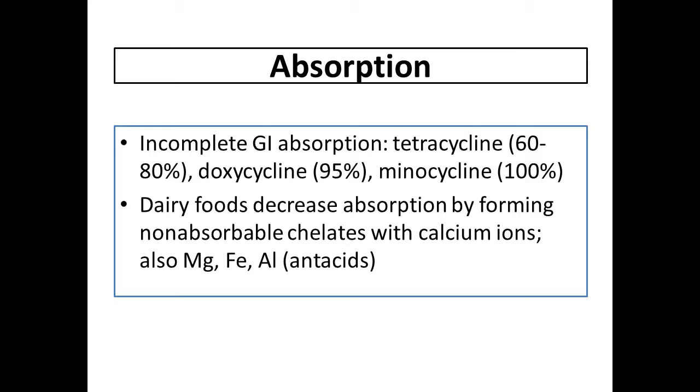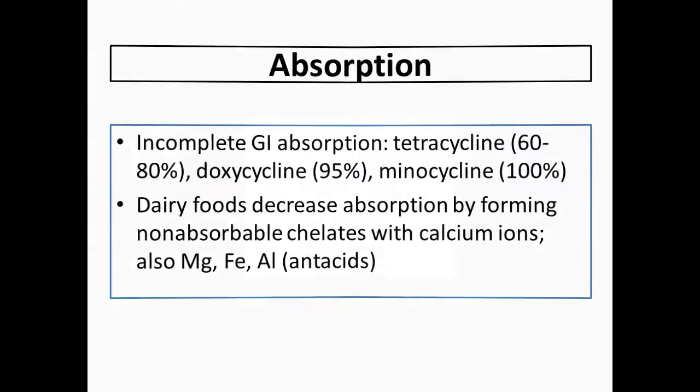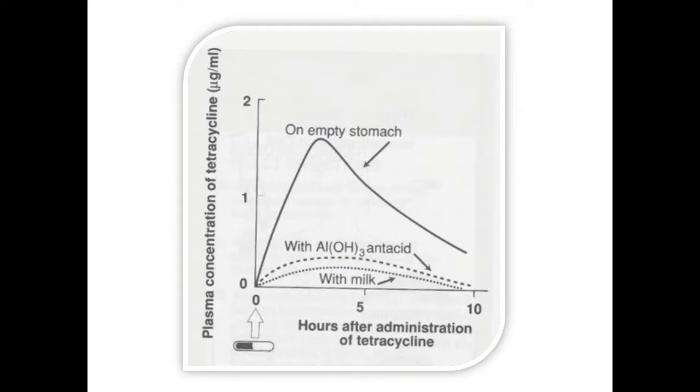Tetracycline absorption is impaired by concurrent ingestion of dairy products, aluminium hydroxide gel, calcium, magnesium, iron, or zinc salts. After a single oral dose, peak plasma concentrations of oxytetracycline and tetracycline are attained in 2 to 4 hours. These drugs have half-lives in the range of 6 to 12 hours and often are given 2 to 4 times daily.